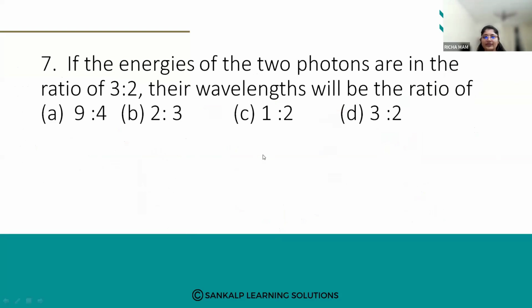Now here, if the energies of two photons are in the ratio of 3:2, then their wavelengths will be in the ratio of what? What will be the ratio of their wavelengths? How is energy given?